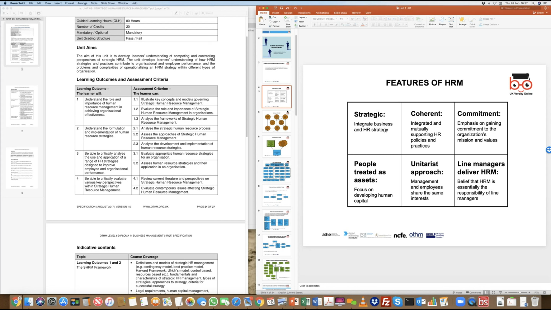Now, the functions can be defined in different formats. Sometimes when you look at the functions overall, we are looking at recruitment, employee engagement, any sort of change being brought across, reward management, compensation or employee benefits as we call them.